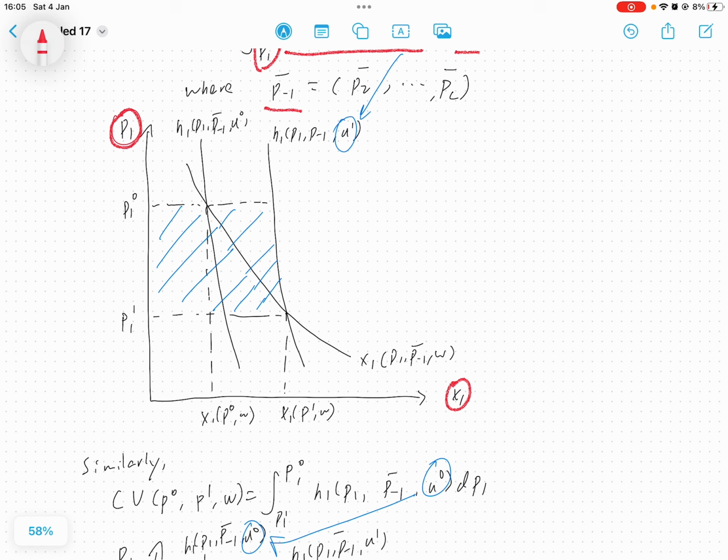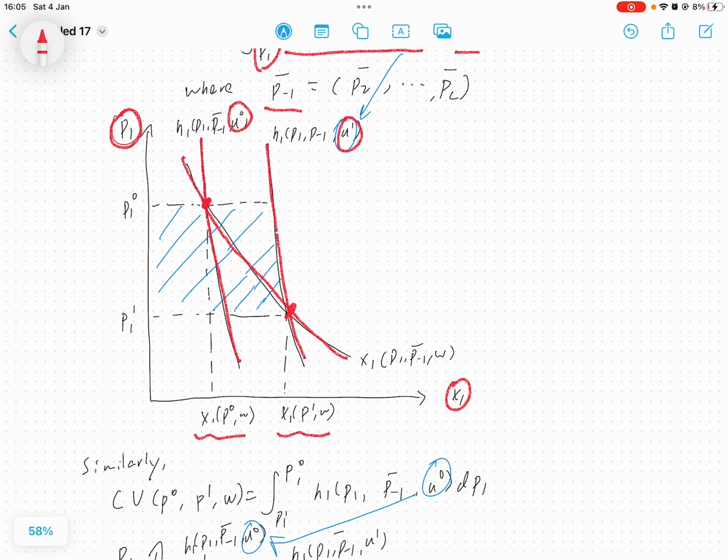First, we draw the curves for the Walrasian demand, which is x1, taking p1, p minus 1 bar and w, and also those curves as the Hicksian demands, which are h1, taking p1, p minus 1 bar, u0 for the first one, and u1 for the second one.